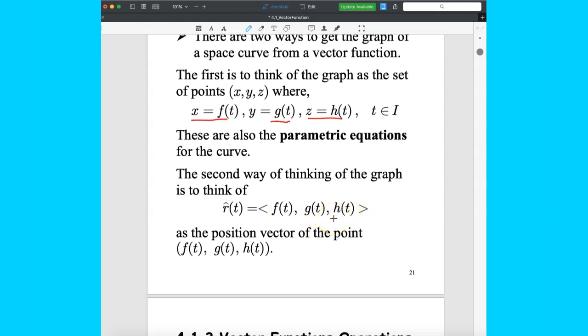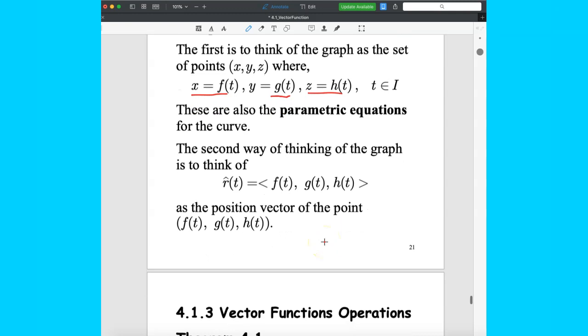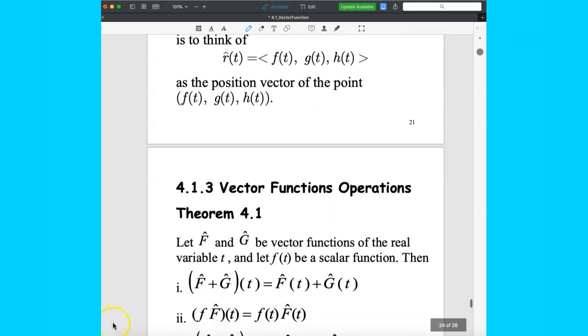We can use the substitution method, just like with a quadratic, or we can use trigonometric identities, which we normally use for such parametric equations, for example an ellipse or a circle. Next we will look at the operations on vector functions.